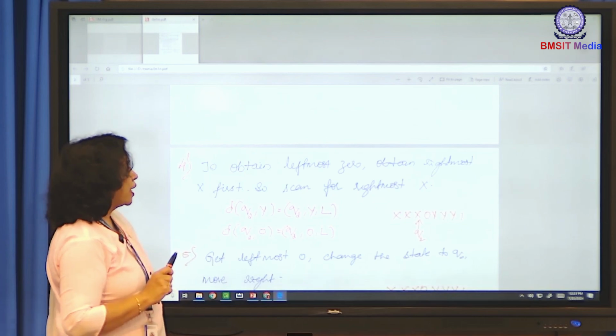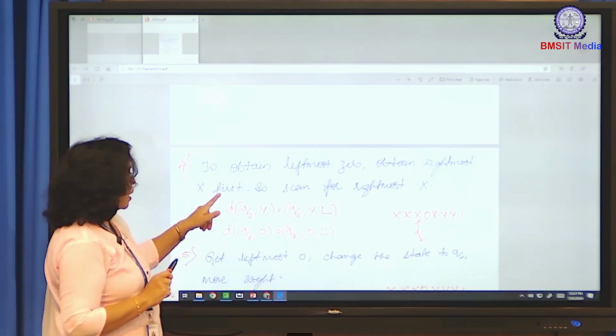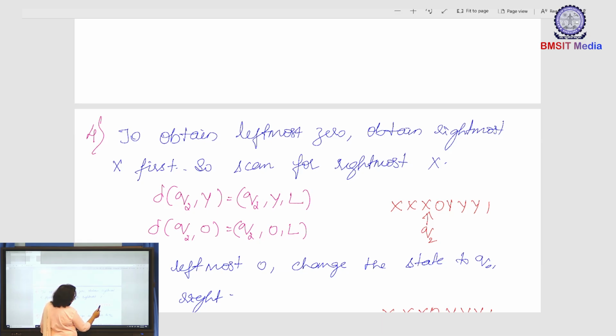To obtain the leftmost 0, we have to obtain the rightmost x. It means when we are coming back, we cannot randomly replace any of the 0. We should get the rightmost x and next to that will be the 0 which has to be replaced.